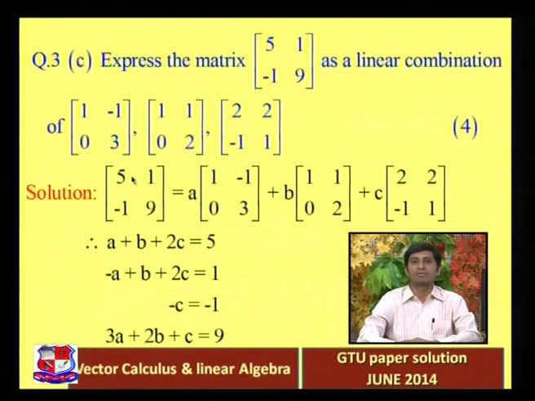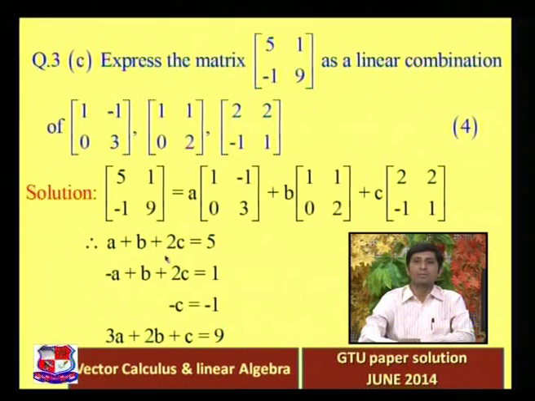So that means [5 1; minus 1 9] is equal to A into [1 minus 1; 0 3] plus B into [1 1; 0 2] plus C into [2 2; minus 1 1]. Now comparing all coordinates: A plus B plus 2C is equal to 5, right? A into 1 plus B into 1 plus C into 2.